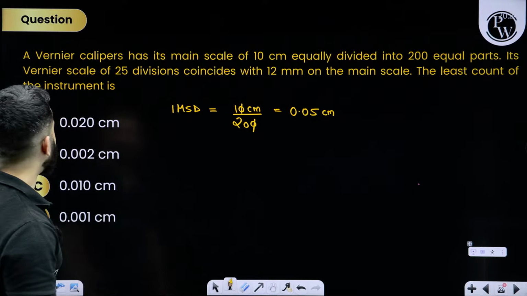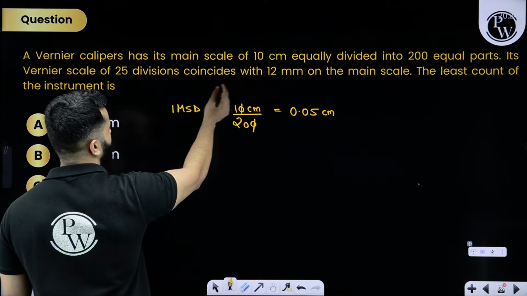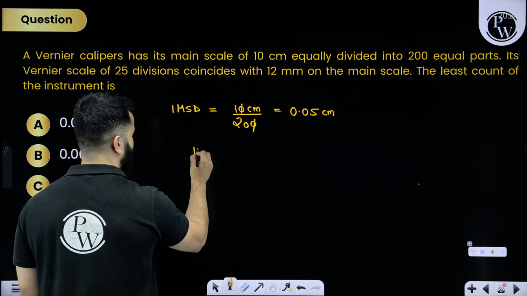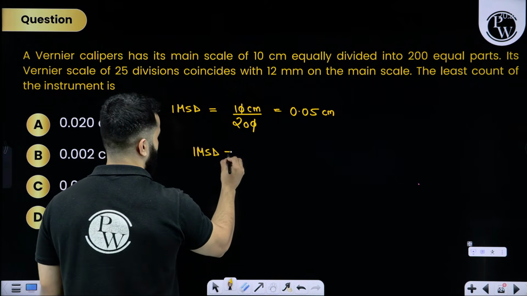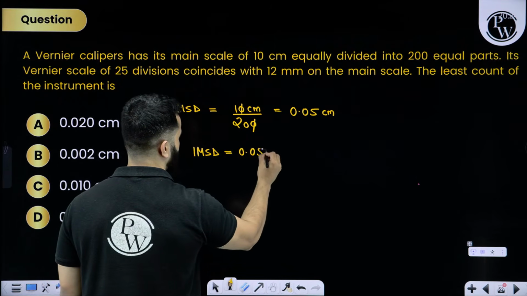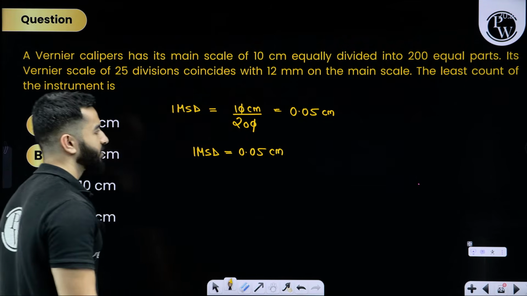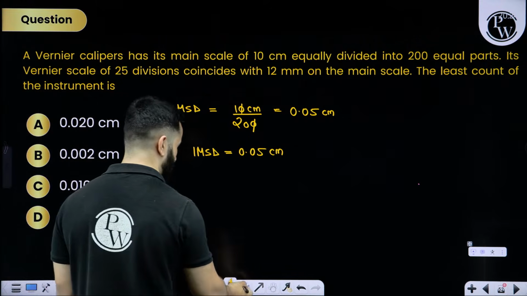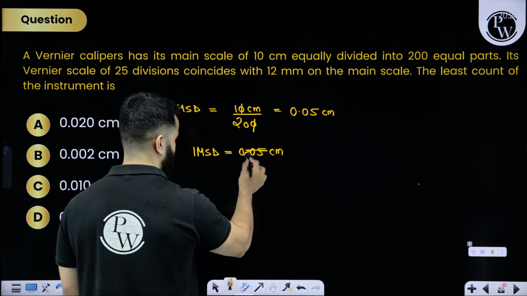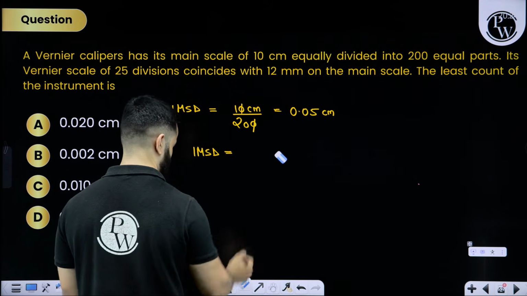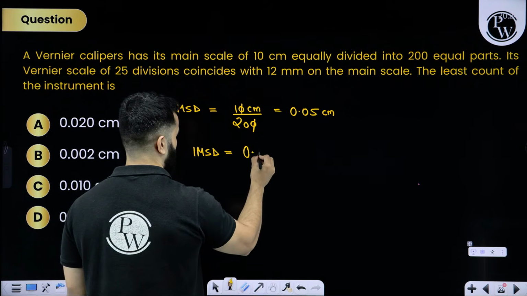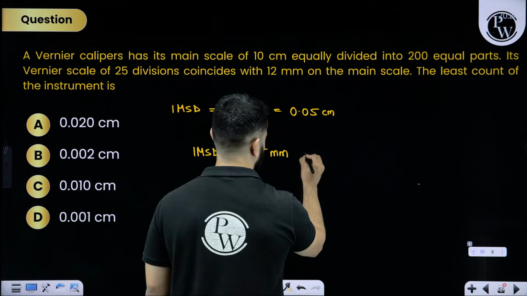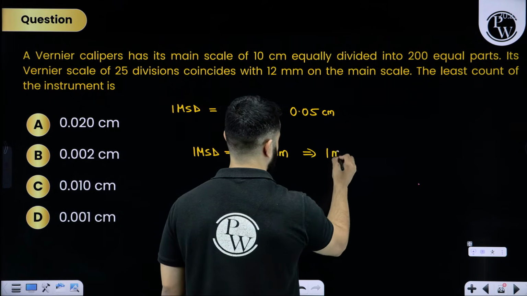And then they are saying its vernier scale of 25 divisions coincides with 12 millimeter on the main scale. So dosto, one main scale division is equal to 0.05 centimeter. Clear? Or you can rewrite this as 0.5 millimeter. Done? So from here, my dear friends, you can get to know what 1 millimeter is.